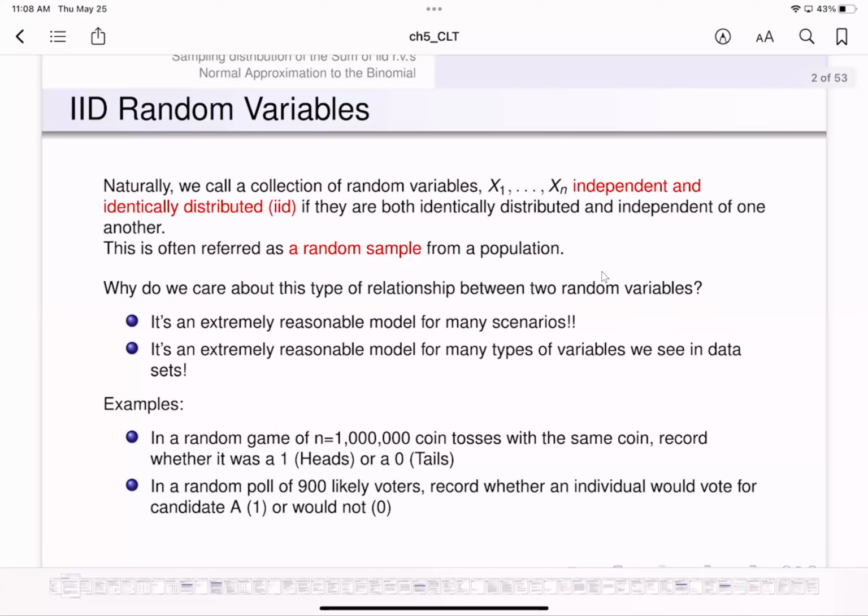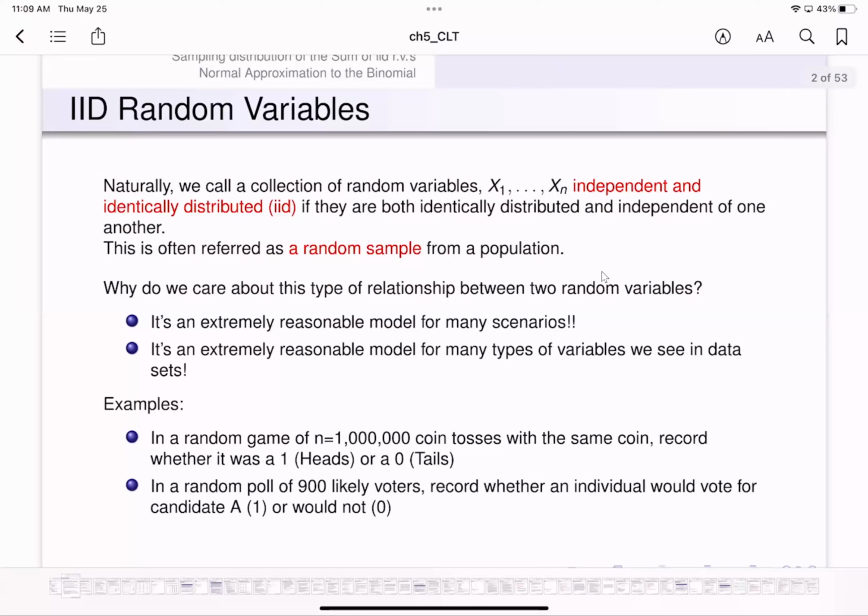That's one example. The next example: in a random poll of 900 likely voters, record whether an individual would vote for candidate A. Again, the recorded numbers from this study are just 900 likely voters, and then you might see, for example, 480 of them vote for candidate A. You only saw two numbers, but these 480 are really a tabulation of each individual person's vote, whether that person votes for A or not.